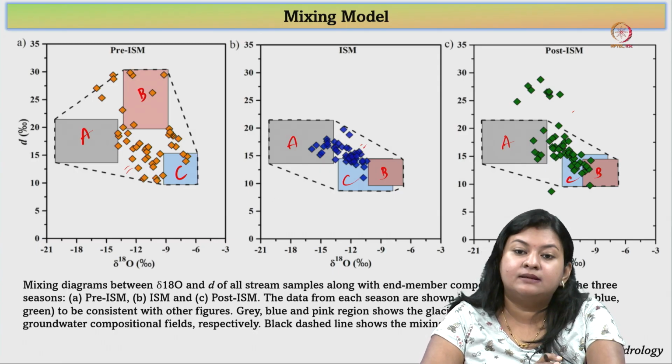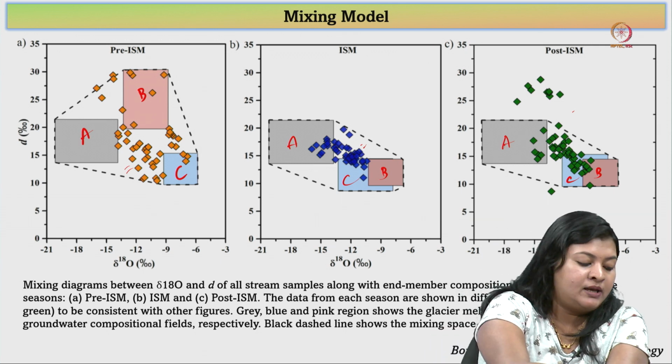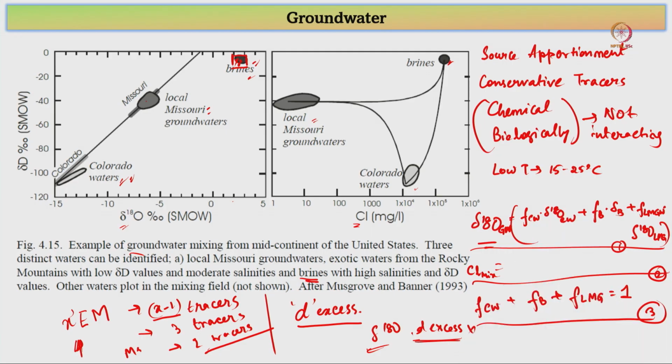So when I am doing this kind of modeling, I am slowly trying to develop more probabilistic modeling as compared to deterministic modeling. In deterministic modeling, I choose a single value for my end member composition, only one value. That is called a deterministic approach.